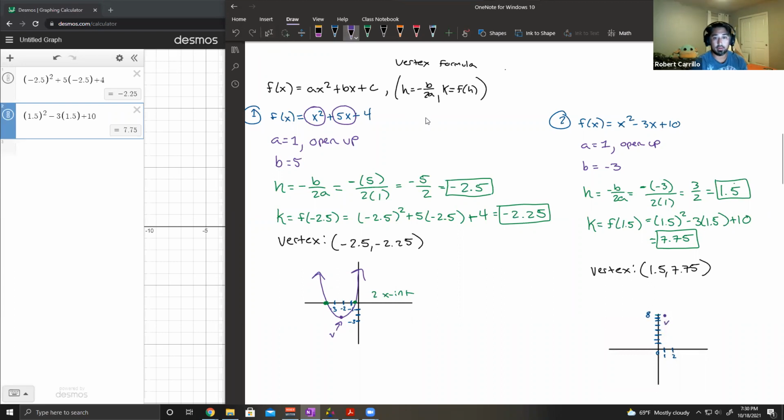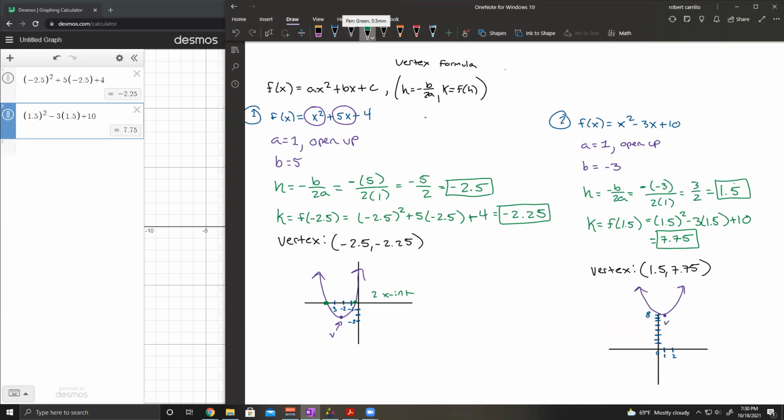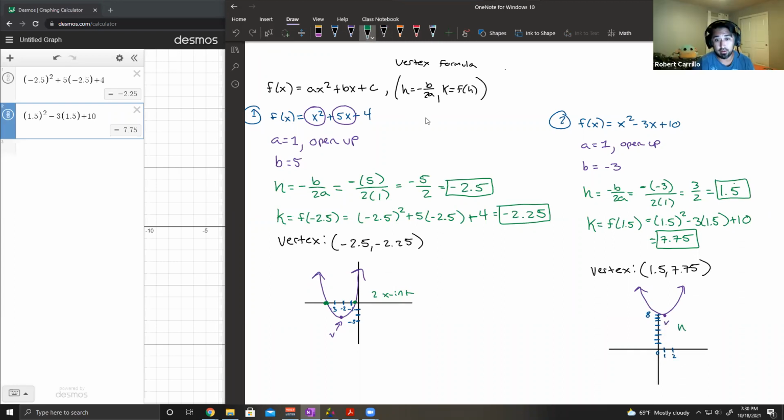So now that'll open up and up. Do we touch the x-axis at all? No. So there are no x-intercepts.